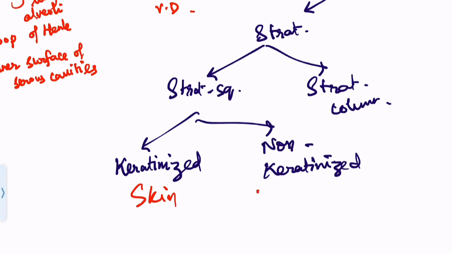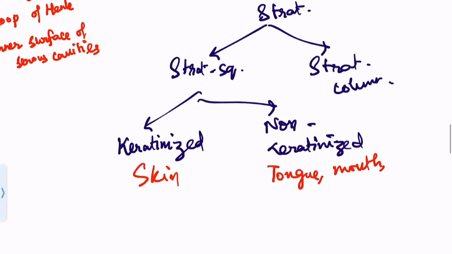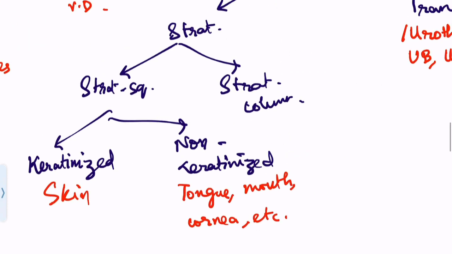Non-keratinized, mainly the mucous membranes of our body. Better would be to write tongue, mouth, cornea, etc. Stratified columnar, mainly in some parts of mid-urethra.